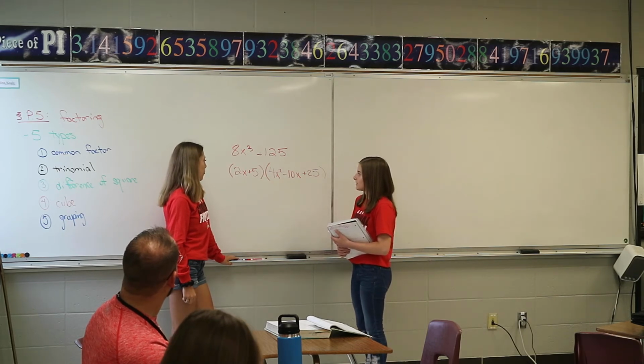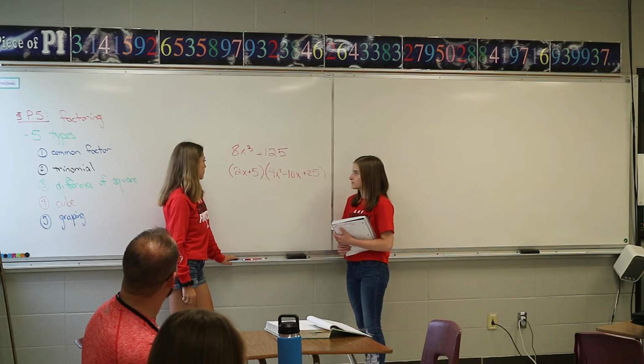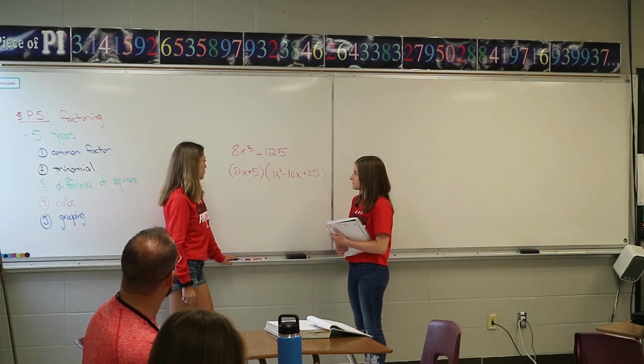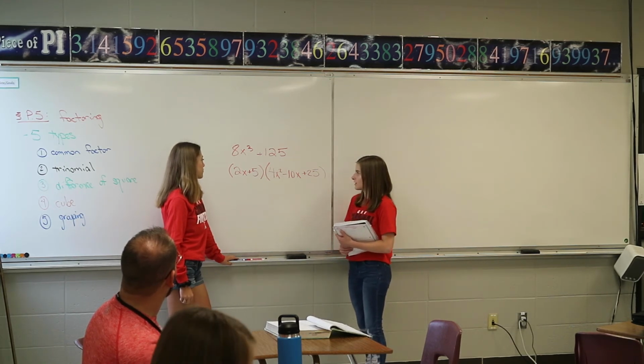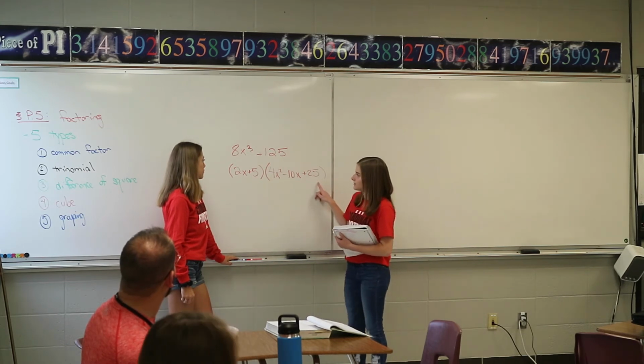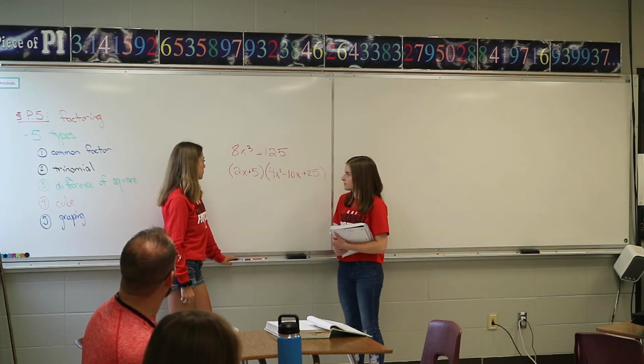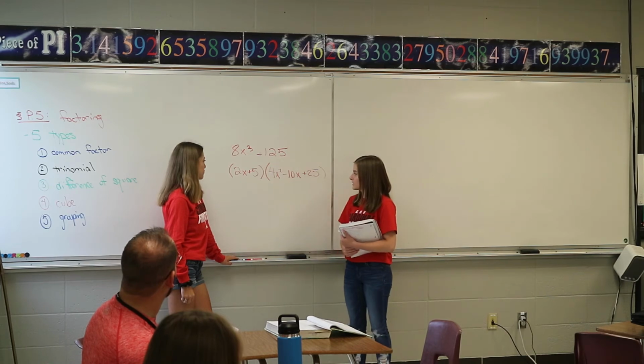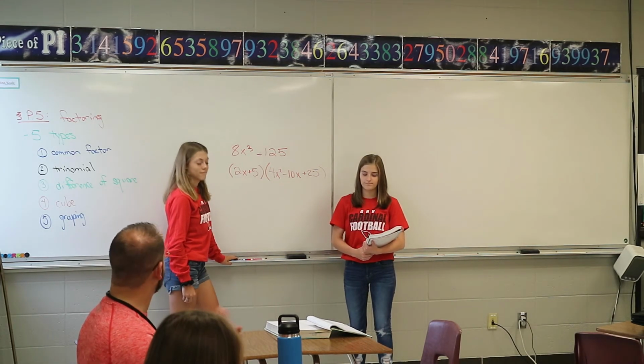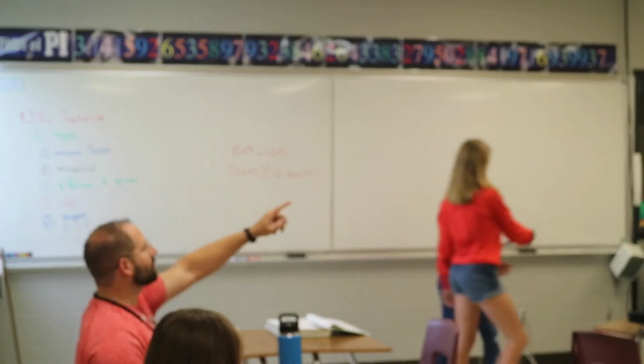And then we did 2x squared and then we got 4x squared, and then we got 25 by taking 5 squared, and then we multiplied these two and got 10x. Alright. Nicely done. Last group.